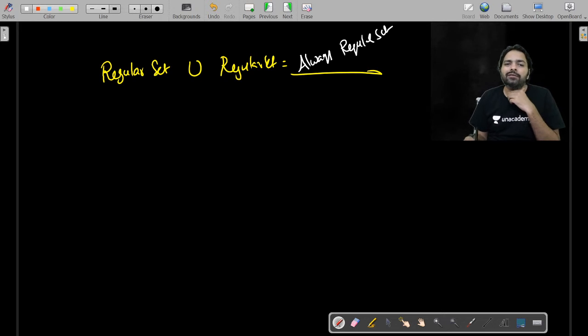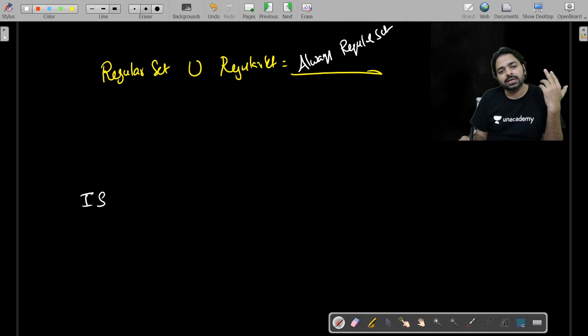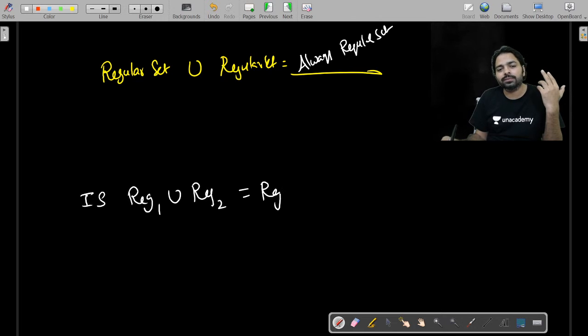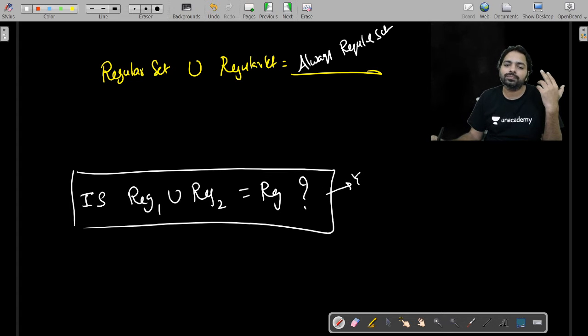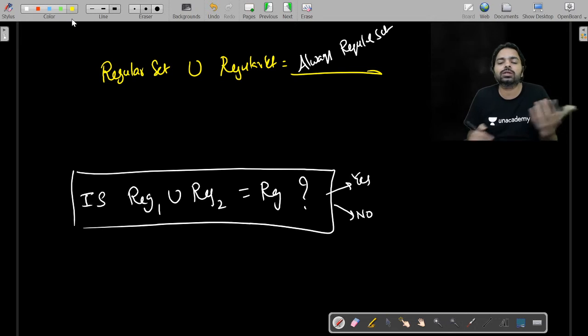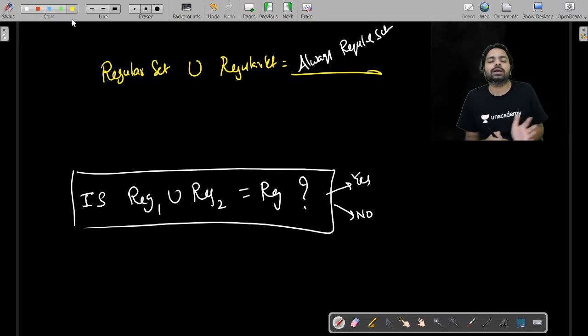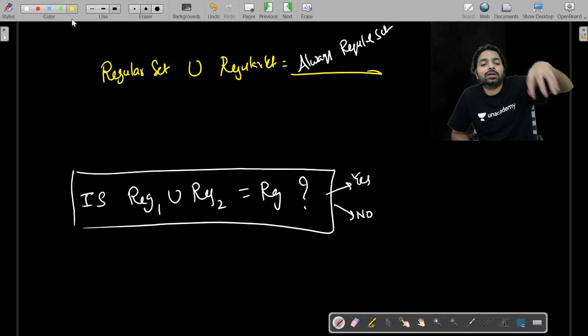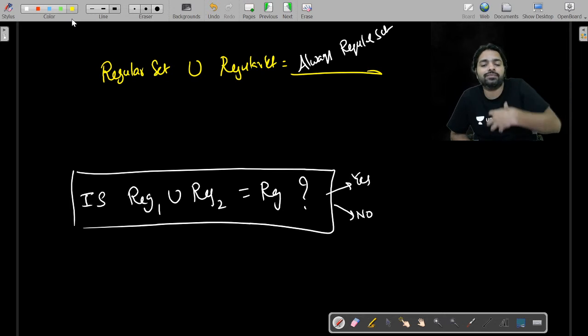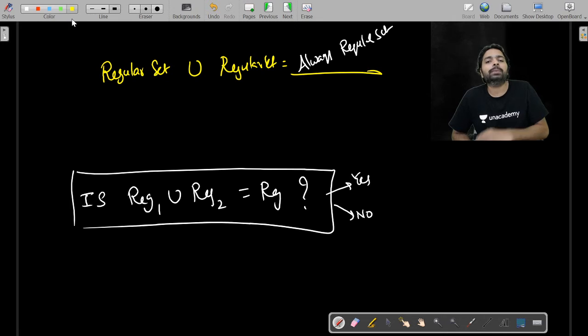And when I'm asking about a decision, I ask like this: is regular 1 union regular 2 equal to regular? Now this is the decision property. Yes or no? We have an algorithm to prove yes, regular union regular is regular. But for some examples like DCFL union DCFL equal to DCFL, it may or may not hold.